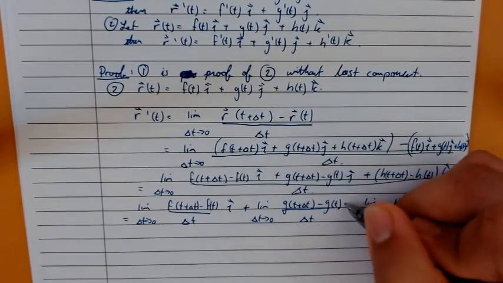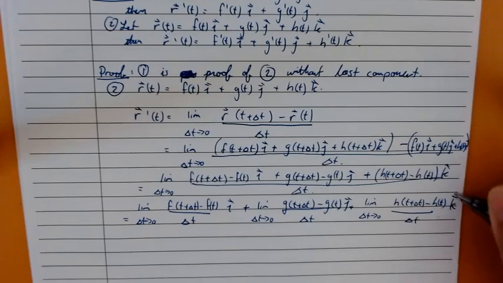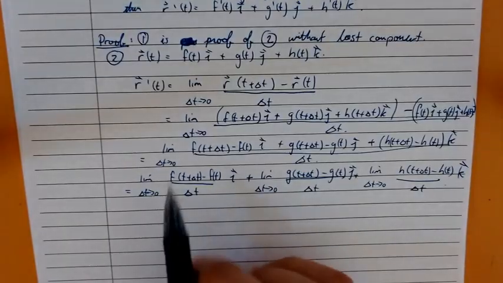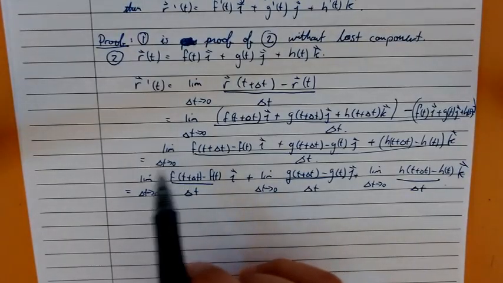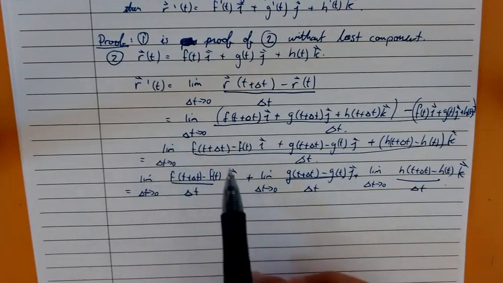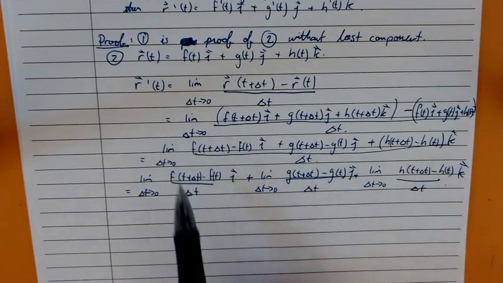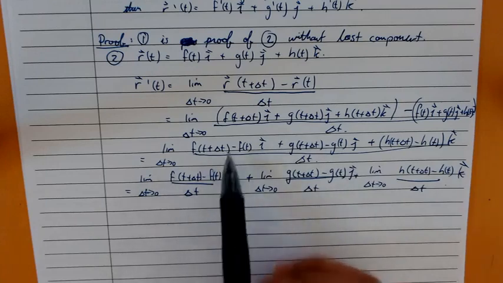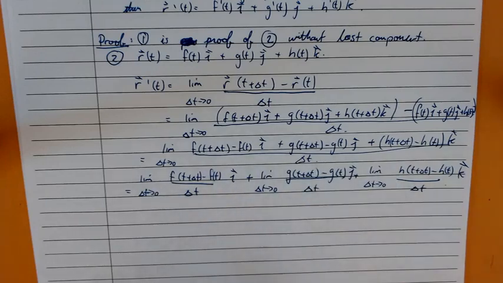Oops, and I'm forgetting my j and my k. There we go. And this simply comes from the fact that the limit is applied component-wise. And the limit of all of this is the limit of the first part plus the limit of the second part plus the limit of the third part.